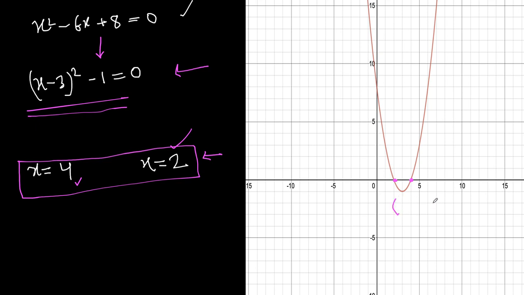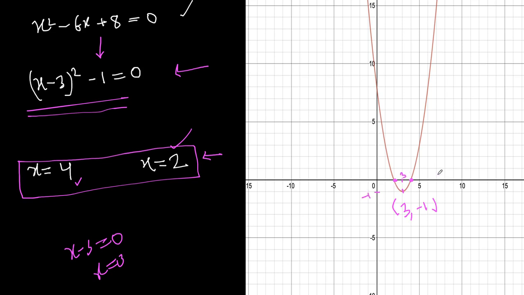So this coordinate is minus 1, and if you put x minus 3 equal to 0, you will get x equal to 3. So the coordinates of the point of minimum is 3 comma minus 1, which is here. So this is your minus 3, this is your minus 1, and this is your 3.